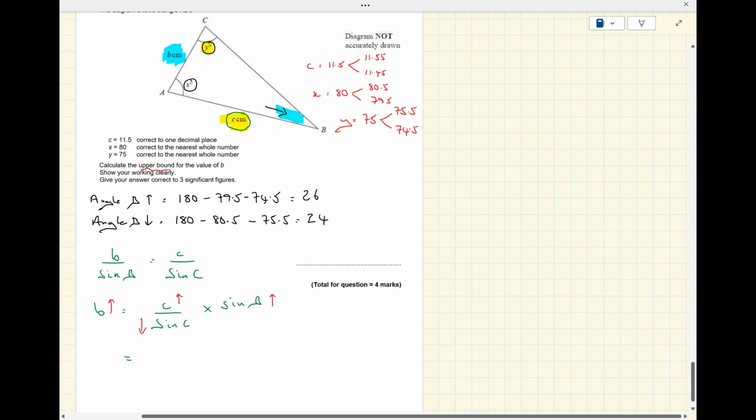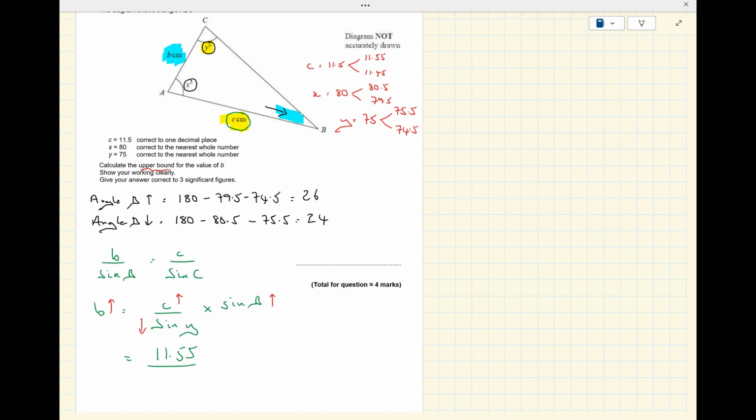Now, the highest possible C is 11.55. The lowest possible sine C, by the way, is the lowest possible sine of Y, because Y is the angle at C. If you're not sure, you can try signing both of your alternatives for Y, and then you'll know which is the largest.